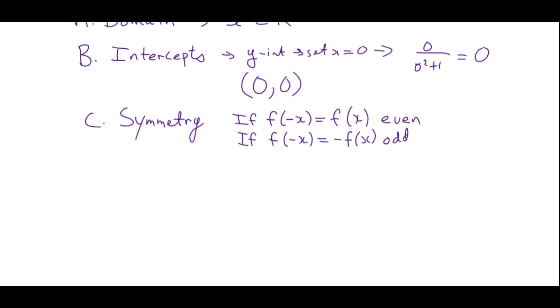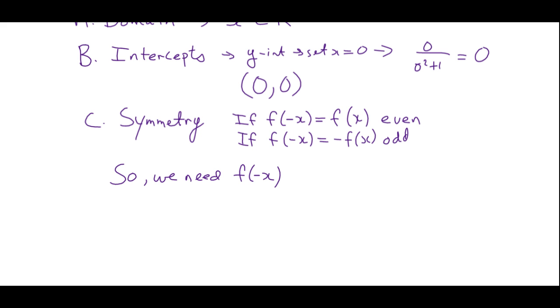Okay, so what do we have to do? Basically, you're going to have to do f of negative x, right? When you want to find symmetry, you do f of negative x. Okay, so we need to evaluate f of negative x, right? And then we'll see, well, is it f of x? Is it just the function, or is it the negative of the function?